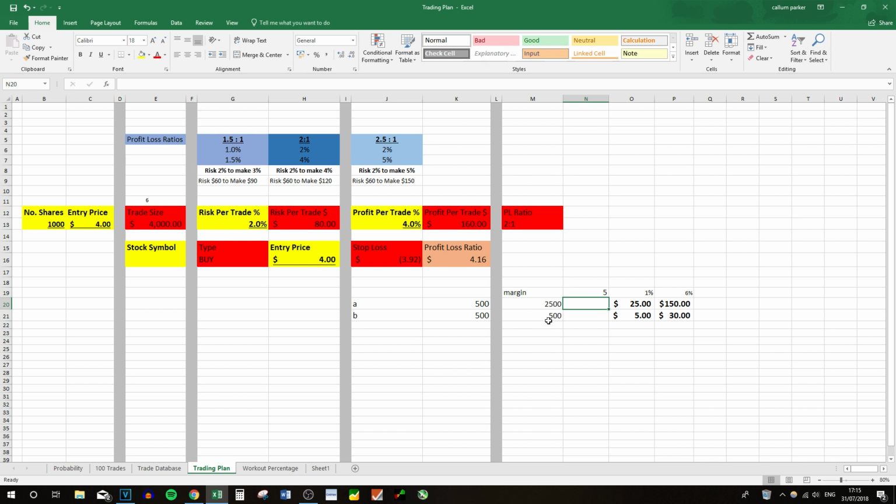Yes, the risk is not as bad, but the gain isn't as good. The gain for a 6% is only $30, where you could have had 150. I know it's very easy to say this in an Excel sheet, but I'm just trying to put things into perspective and show you guys my way of thinking.